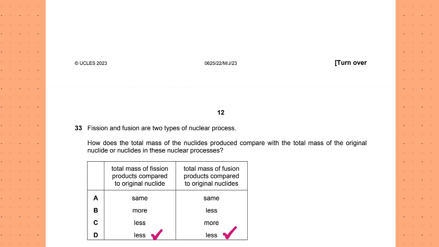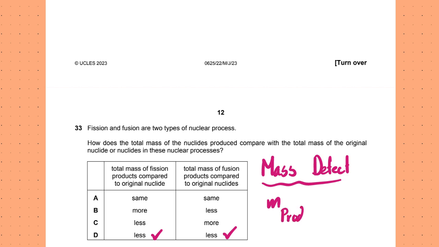The idea has to do with this, that a reaction will spontaneously go forward. It would release energy when there is what we call a mass defect. There needs to be a decrease in the mass. So what this means is that the mass of the products has to be less than the mass of the reactants.